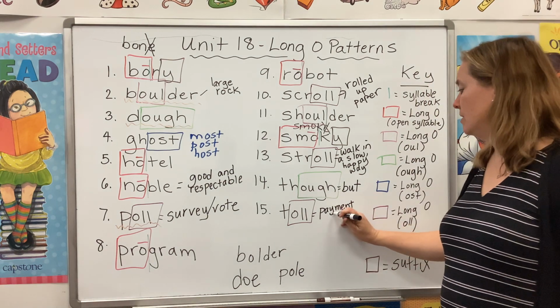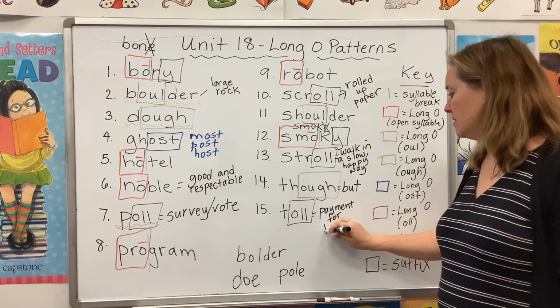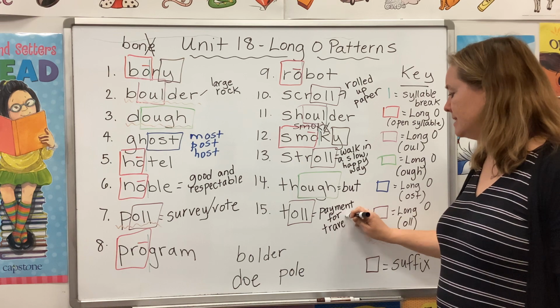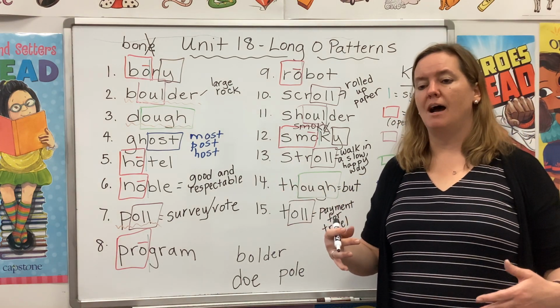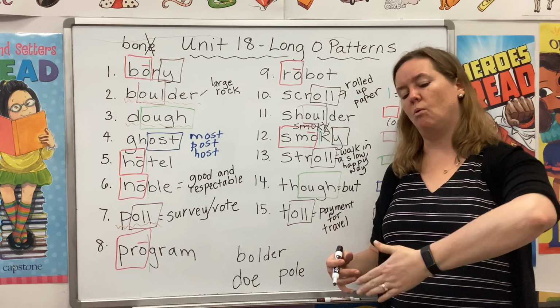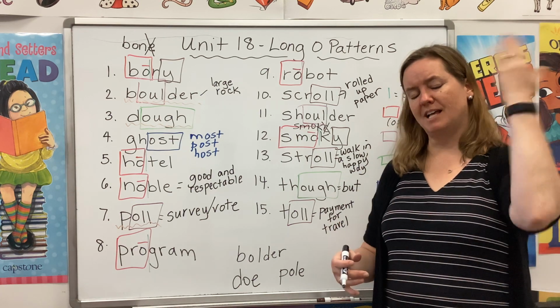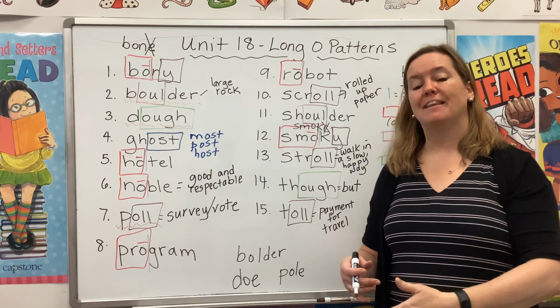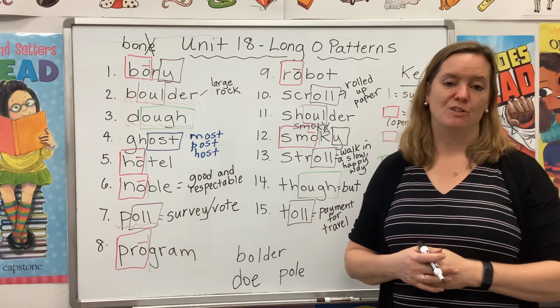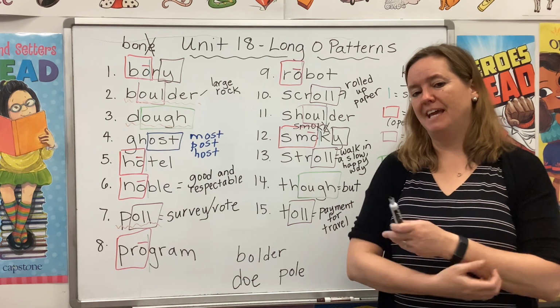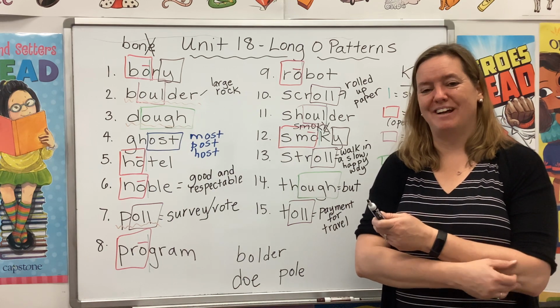So a payment for travel. In the olden days, we had toll booths. If you think about some highways, they'd have the turnstile that would come down, and they wouldn't even let you get onto the highway until you paid your toll. That's not so much a thing anymore because everything's electronic.